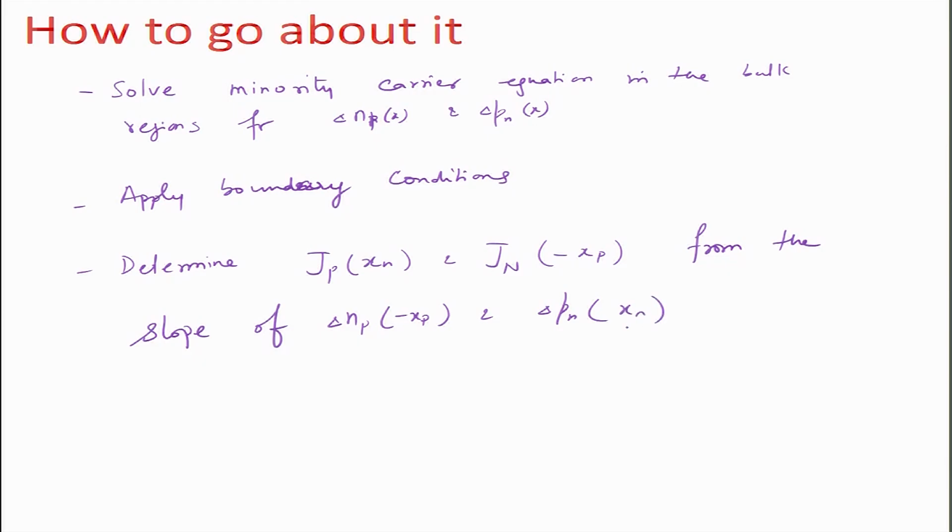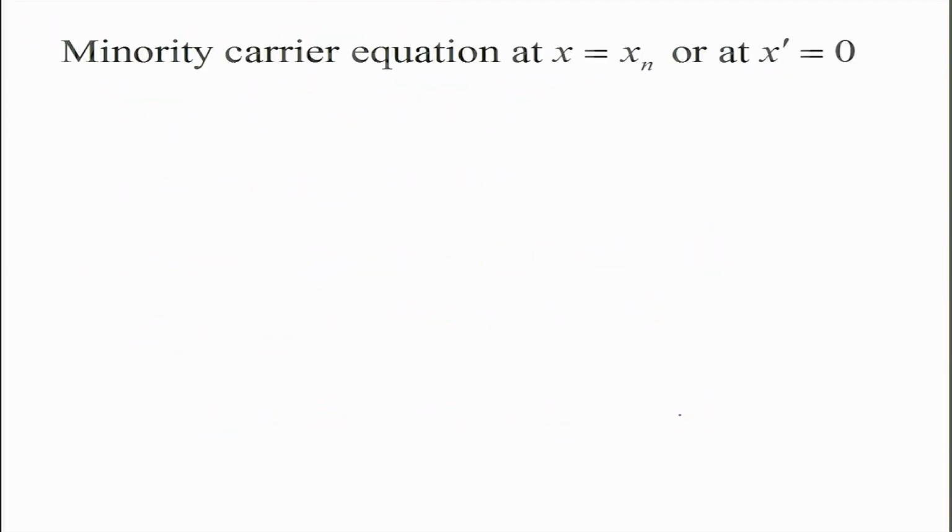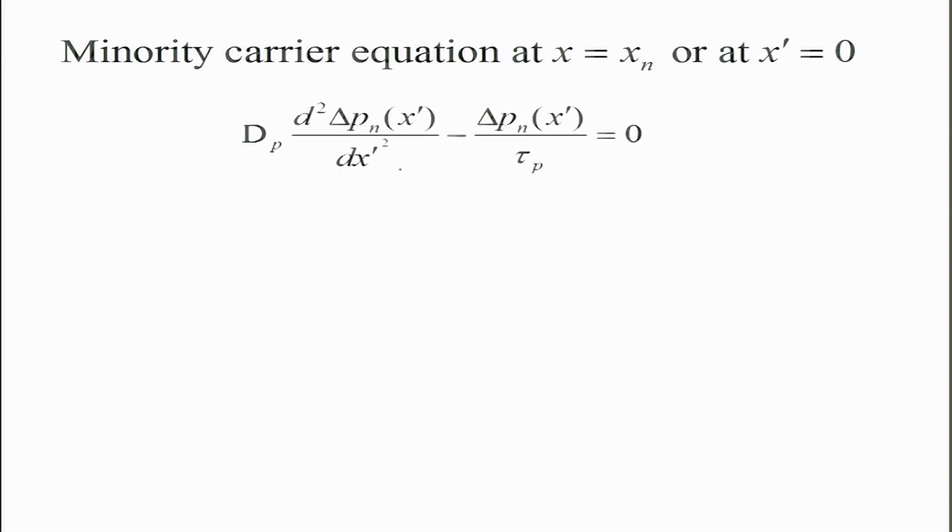That is what we are going to do, and we know that total current J is equal to Jp at Wn plus Jn at minus Wp. So let us first do the analysis. Now let us look at the minority carrier concentration equation at x is equal to, sorry, not xn, should be Wn.